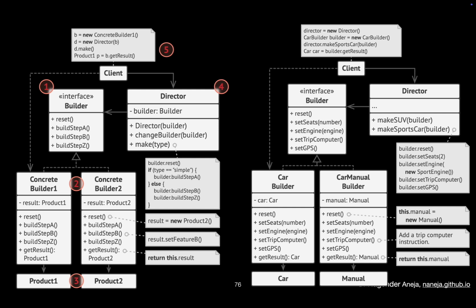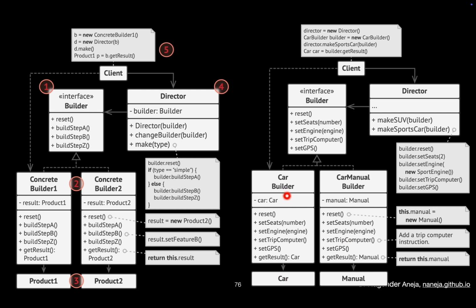For example, we need to define the builder and director, and we can have a car builder. We have a car manual builder. As we are adding the parts to the car, we need to create a manual accordingly, so we can have a manual class here. In parallel we are implementing the manual. So this will give us the car, and this will give us the manual.